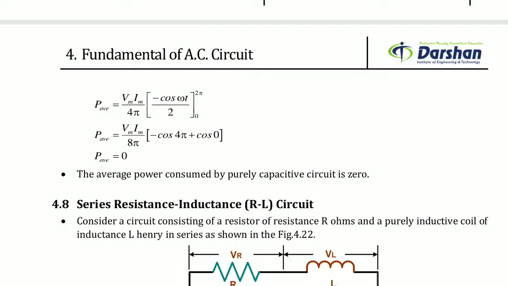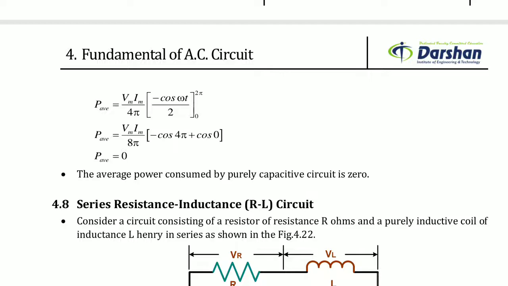In a pure resistor, the voltage and current are in phase, and the average power is Vm by root 2 into Im by root 2, that is nothing but Vrms into Irms. The power frequency is doubled in resistive circuits, and the power consumed is Vrms into Irms in the pure resistive circuit.